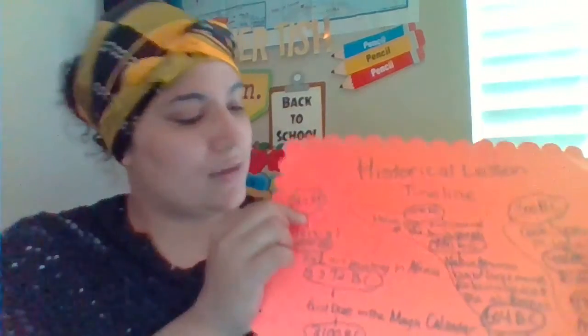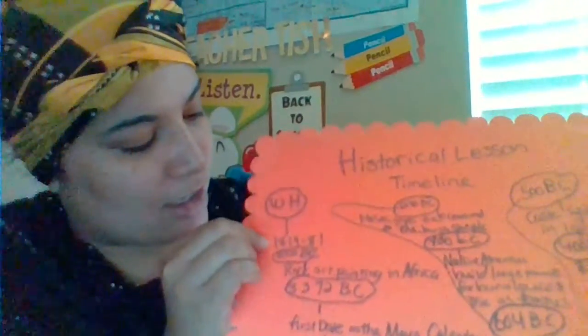So, starting off, we're going to start with the World History Timeline and where that came about. The World History Timeline started off in 1819 to 1881.